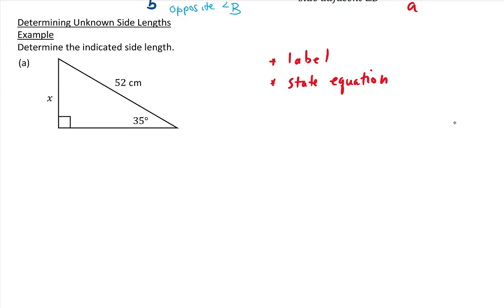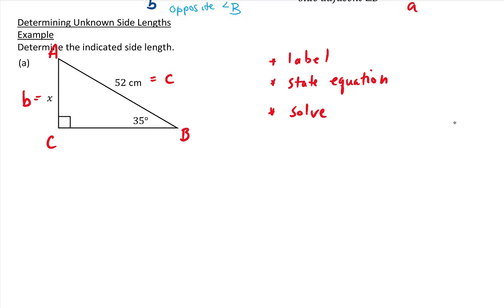So this time we have to pick which one will work. And then we can solve. So let's start by labeling. Let's call this side A, this side B, and this side C. So the 52 centimeters is our hypotenuse, which is side C. The side that we're looking for, x, that's our side B.